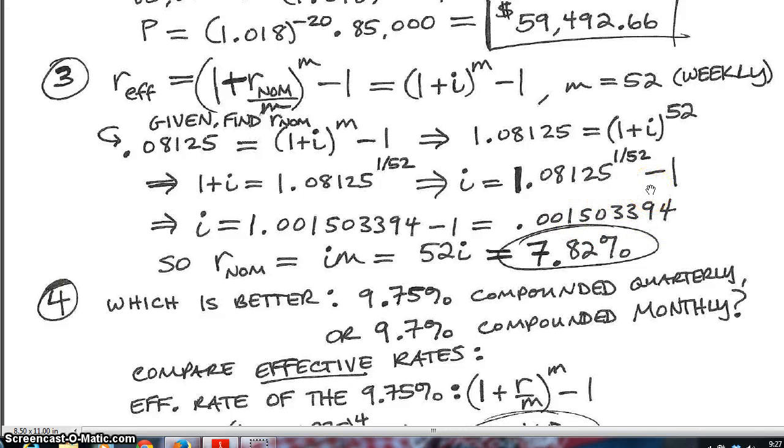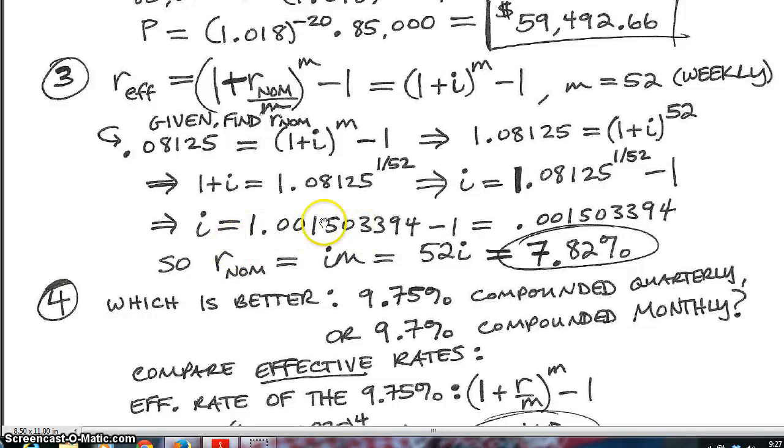Now this is the interest rate per week. So that's the rate per week, and we have to multiply that by the number of weeks in a year, M, 52, to get the nominal rate per year.